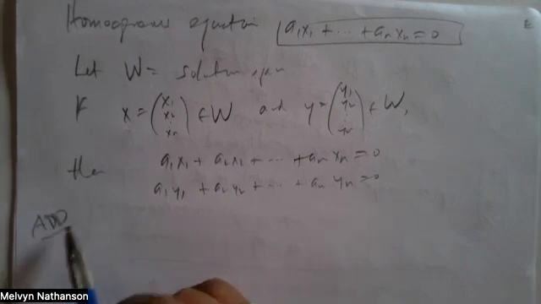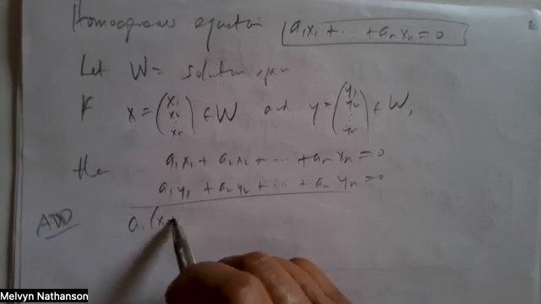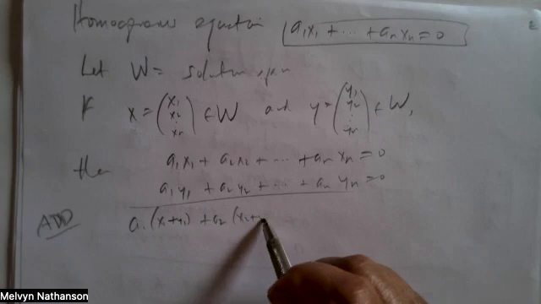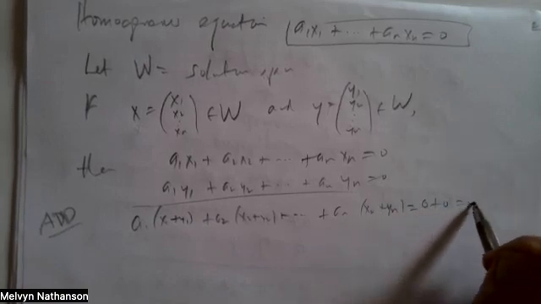So if you add the equations, you get a1 times (x1 plus y1) plus a2 times (x2 plus y2) and so forth up to an times (xn plus yn) equals 0 plus 0, which is 0.